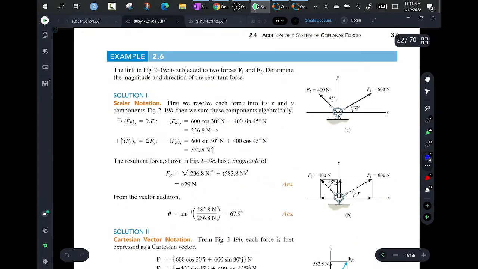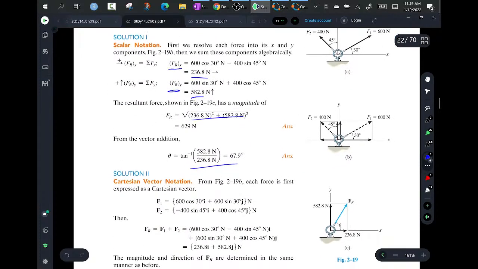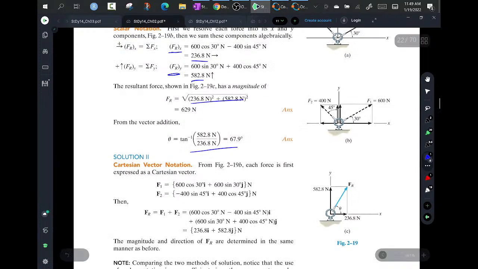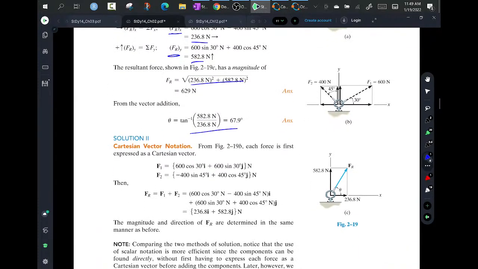So here's a typical case. You break down into components, x component and y component. You find the resultant, then you find the angle. Then you go down here the other way to Cartesian vector notation. Essentially, they're the same thing.